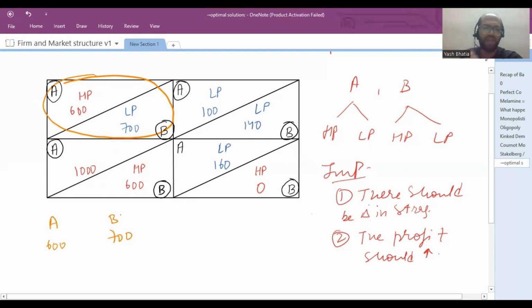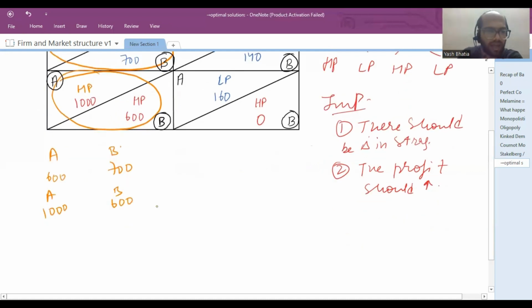Now, what happens if A and B collude with each other and say we both charge high price? What's the arrangement? That A will earn 1000 and B will earn 600. But if they both collude and A says, let me give you 150 out of my share, and B gains 150.